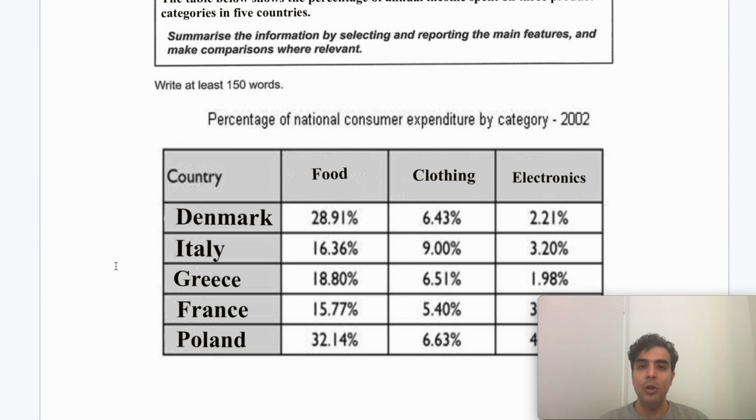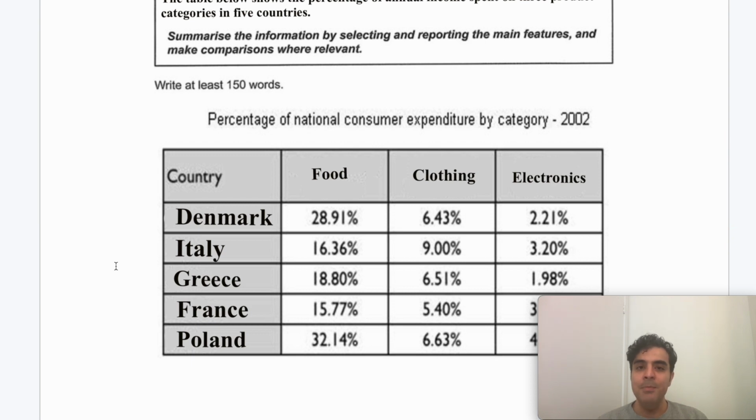Remember, interval is when we are showing changes over time. Discrete is when we're looking at the data fixed in time, but we're basically drawing comparisons, right? Here, we can't see how Denmark's spending on food has changed across time. This table doesn't give us that information. So it can't be interval. It must be discrete, right?